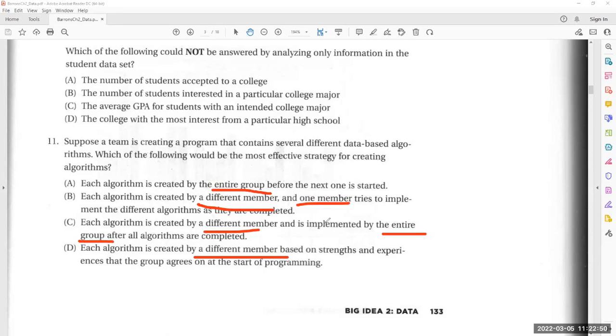So it's about who works on it. Why is B not correct, in your words? Because one member has to implement everything as they're completed. Okay, no, one person or two people, 10% or the entire group doesn't matter. C had the entire group, so why don't you pick B or C?